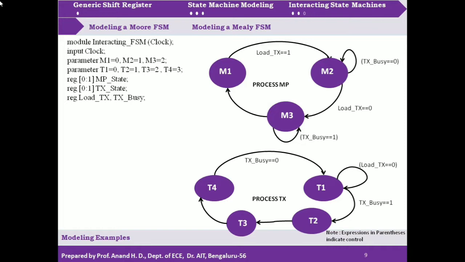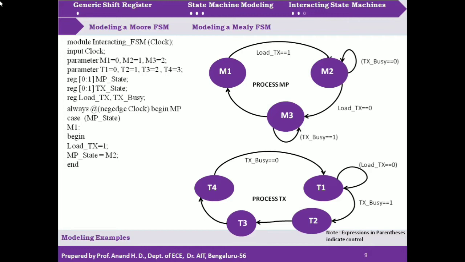The next part of the code is always at negative edge of the clock, where we begin the process MP. The process MP is synchronized with the negative edge of the clock input, and there we have a case statement which is sensitive to the variable MP_state, that is the state of the process MP.